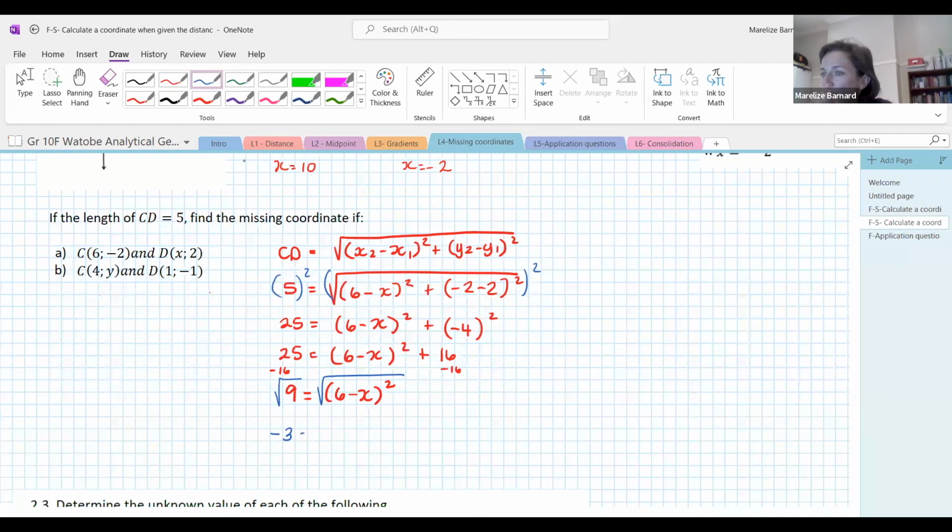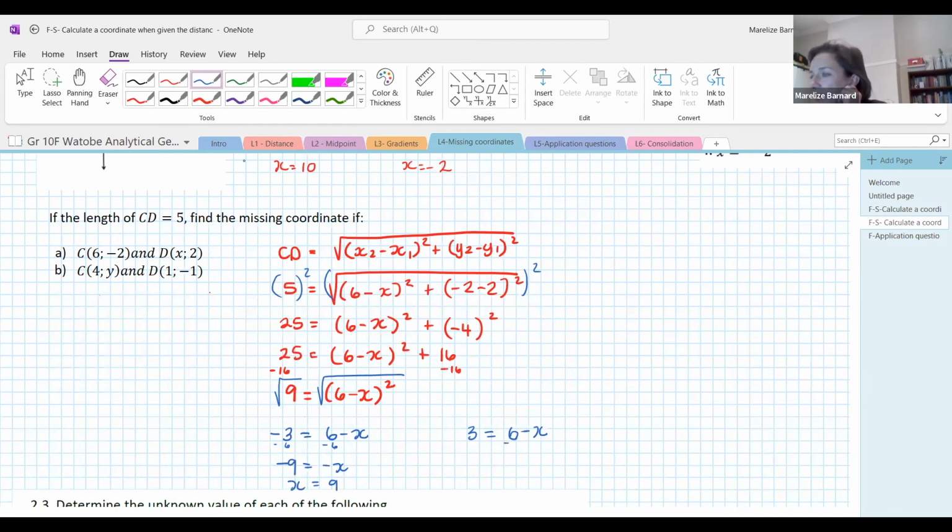So minus 3 is equal to 6 minus x, and plus 3 is also equal to 6 minus x. We take the 6 over by subtracting it, so we go minus 6 and minus 6, that gives me minus 9, and then x is 9.